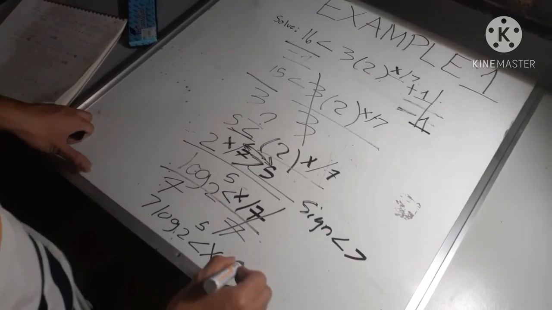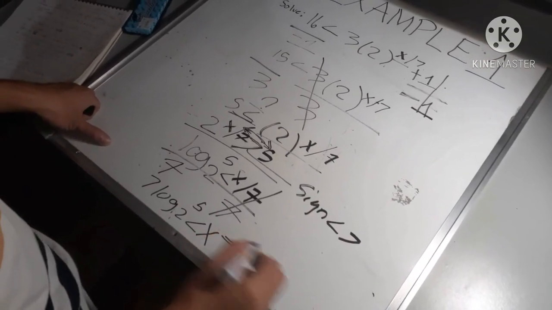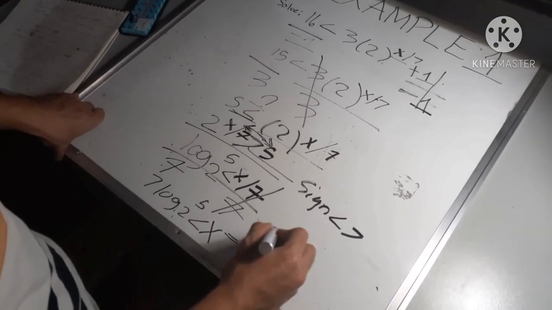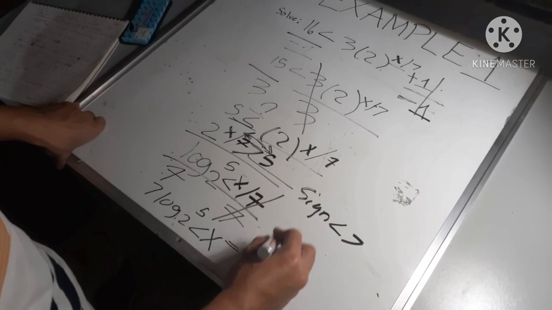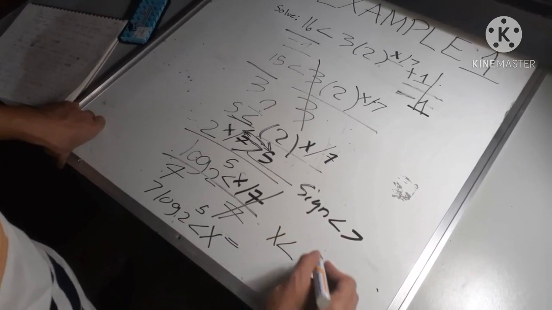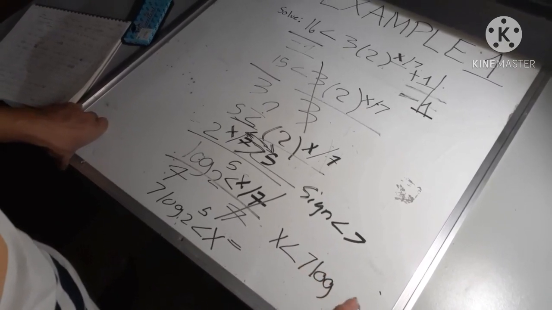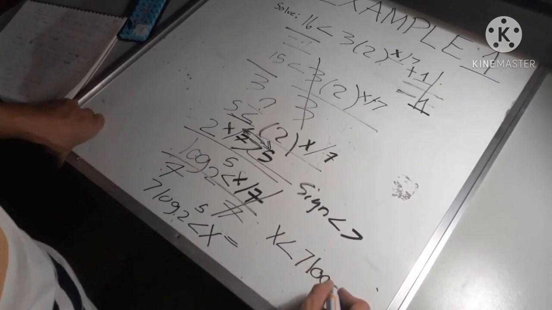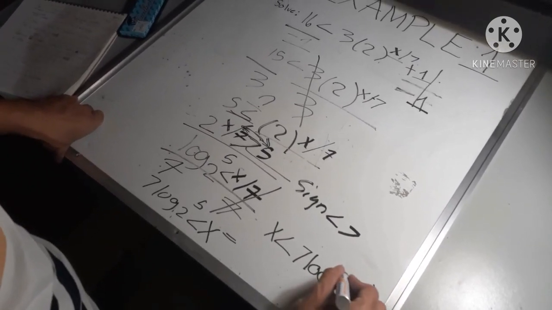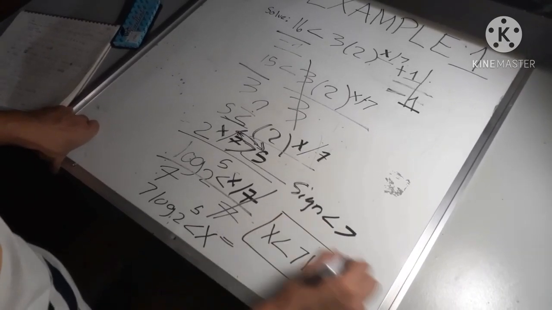The final answer, you can write in this way. The best way is x over 7, log with base 2 over 5. Final answer.